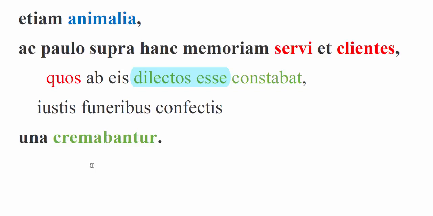So favorite slaves and favorite clients of the person who is now dead, whom it is believed were loved by them, we get a little ablative absolute here, once the proper funeral rites are finished, they would be cremated una. This is the adverb una, not anything else. They would be cremated as well, or together with them, with the dead person.